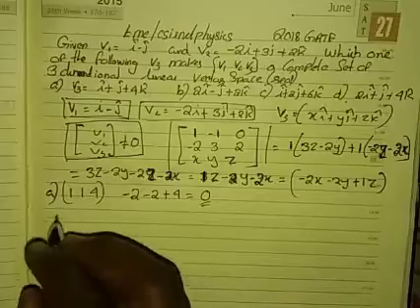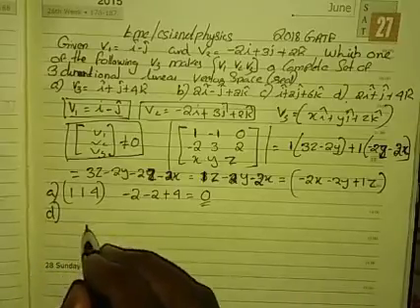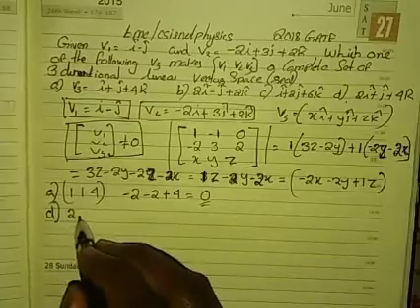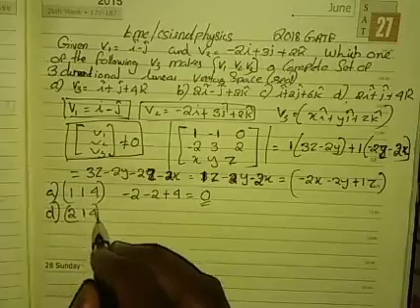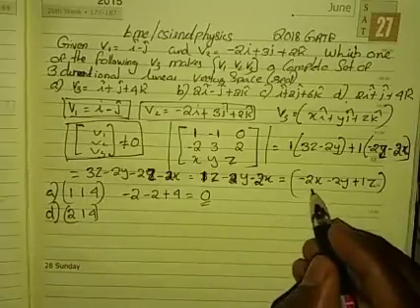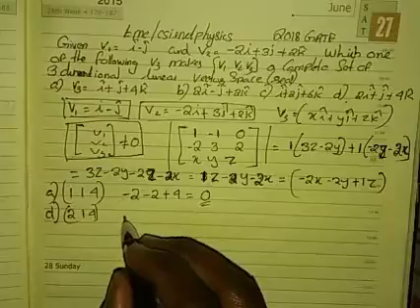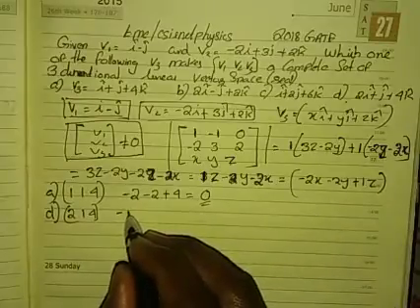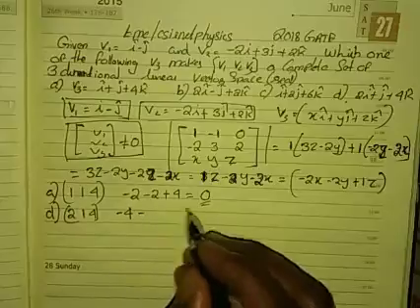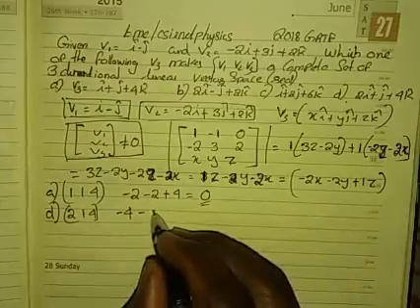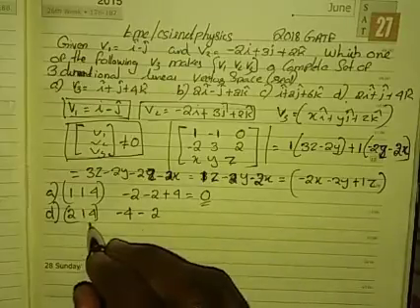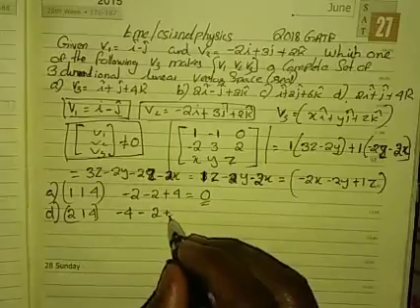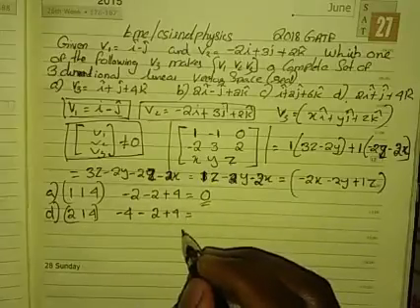Check it from the last option D, where you substitute 2, 1 and 4 for x, y, z values. You get minus 2 times x, which is 2, which gives you minus 4, and then minus 2 times y, which gives you minus 2, and with z equal to 4 you get 4, so the answer will be minus 2.